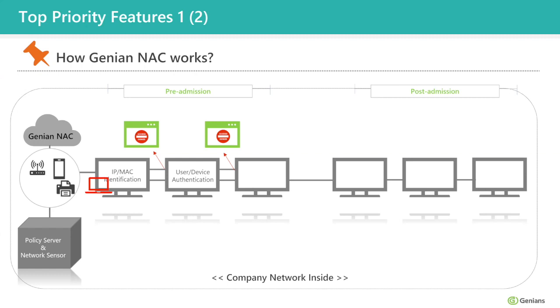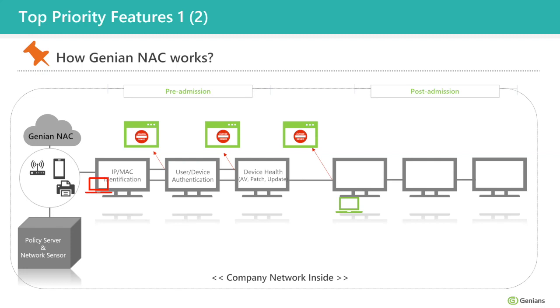And in the next step, Genian NAC checks if the device has been installed with mandatory software required by the company regulation. If the device has not installed some mandatory software, Genian NAC redirects the device to install the software. After passing this process, the device finally accesses the inside network.